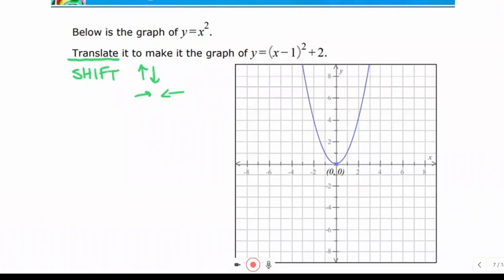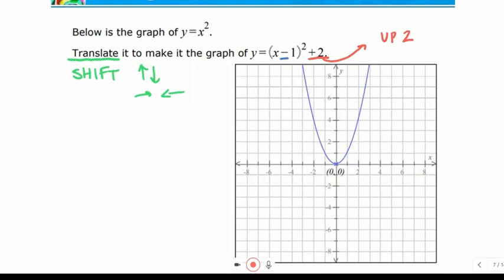We're going to translate it to make this other graph, y equals (x minus 1) squared plus 2. Based on the previous notes, and now is a good time to pause it and look back at your notes, this plus 2 on the outside tells me we have to shift up 2 units.